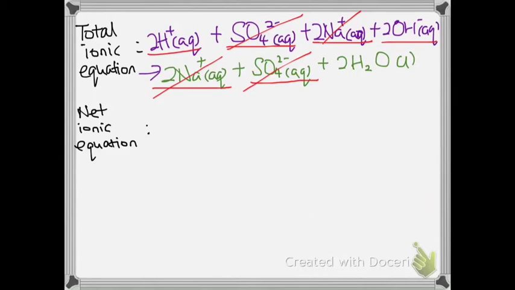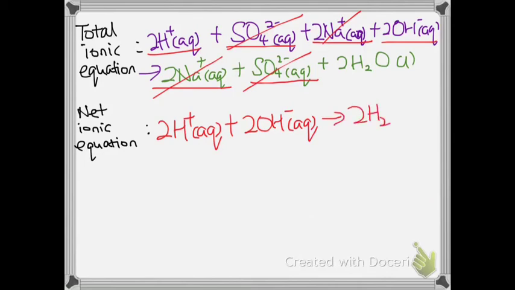So the net ionic equation that we can form from this total ionic equation is 2H+ (aq) plus 2OH- (aq) to give you 2 water molecules. Now, this of course can be further simplified because they all have a common stoichiometric coefficient.